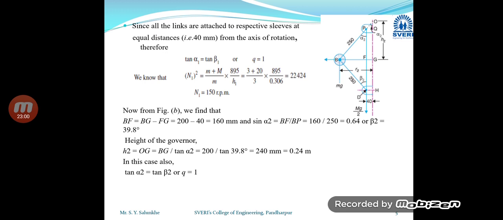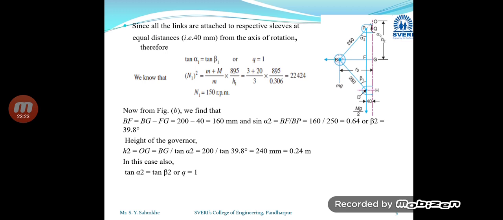This H1 value we have already calculated in the previous slide, and we are going to use it here. It will be (3 plus 20) divided by 3, multiplied by 895, that is the constant, divided by 0.306. This 0.306 we have calculated as H1.